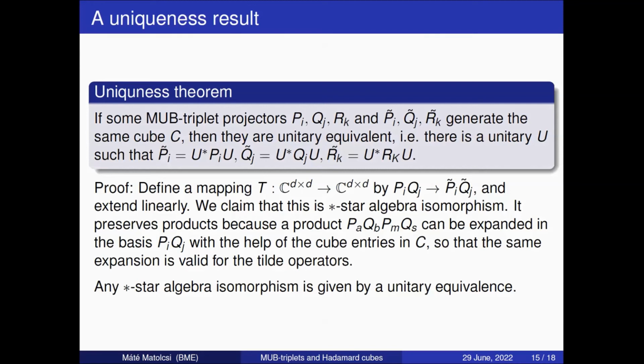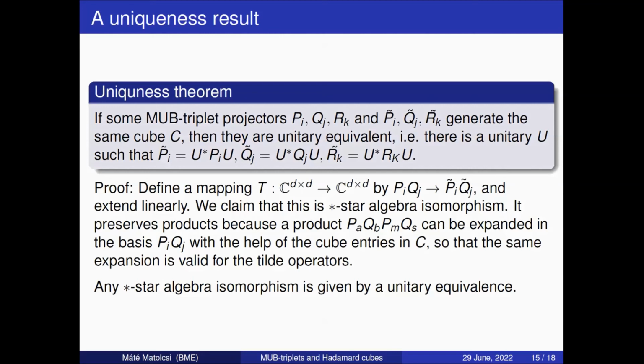And how do we prove that this is a star algebra isomorphism? Well, basically, you need to see that it preserves the products. And such a product can be expanded in the basis. We all agree that these matrices are an orthonormal basis in the space of matrices.